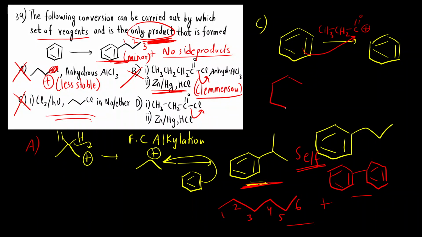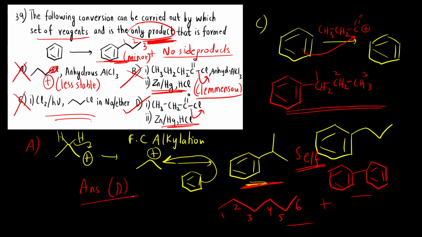What we will get? We will get C double bond O, CH2, CH3. Next is same zinc amalgam and HCl. This will be reduced. We will get CH2. Okay, so this is the correct answer. 1, 2, 3 carbon. Here also you can see there is only one option that is correct. Option D.